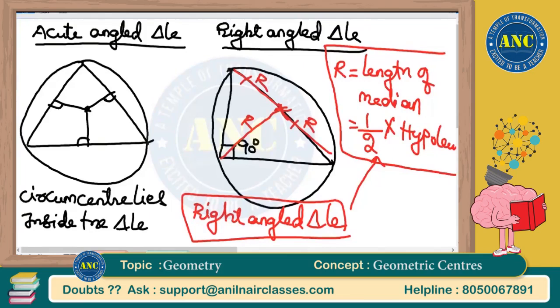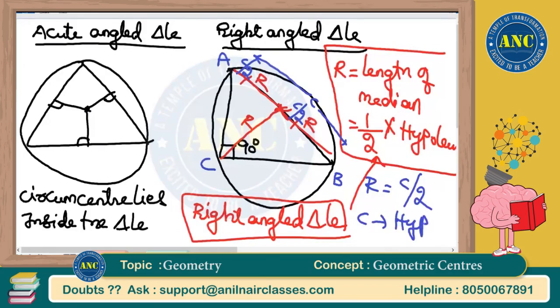Very important point. Suppose the triangle is A, C, B, and the hypotenuse side is small c. This half is c by 2, and this half is c by 2. R is c by 2, where c is the hypotenuse.